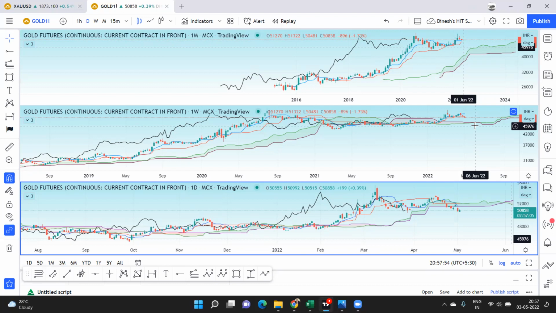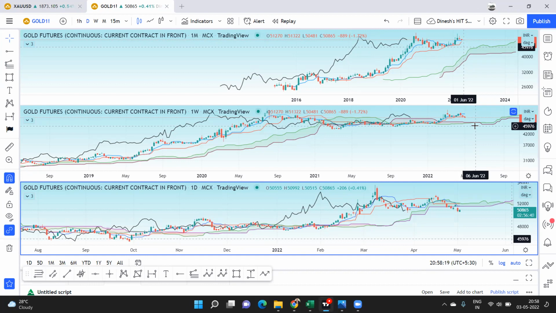So all in all, I am expecting a short to medium term, where short term in gold would be 6 months to a year, where I expect prices to be between the upside resistance at 1925, $1950, which is 52,000, 52,500, while support at 1800, 1825, which is 49,000.